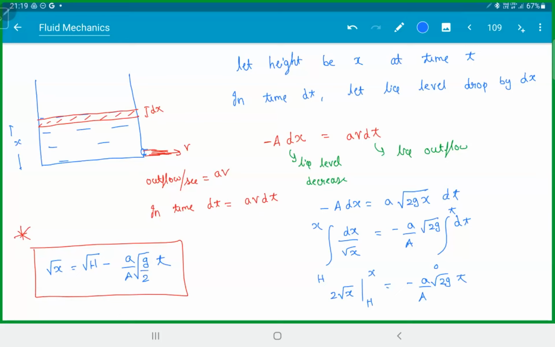Clear? Any doubts on this derivation? Please ask.